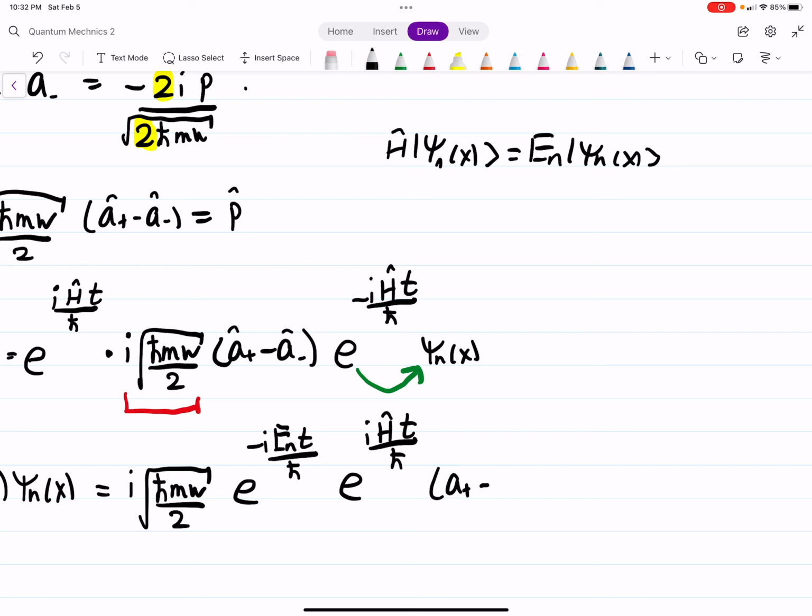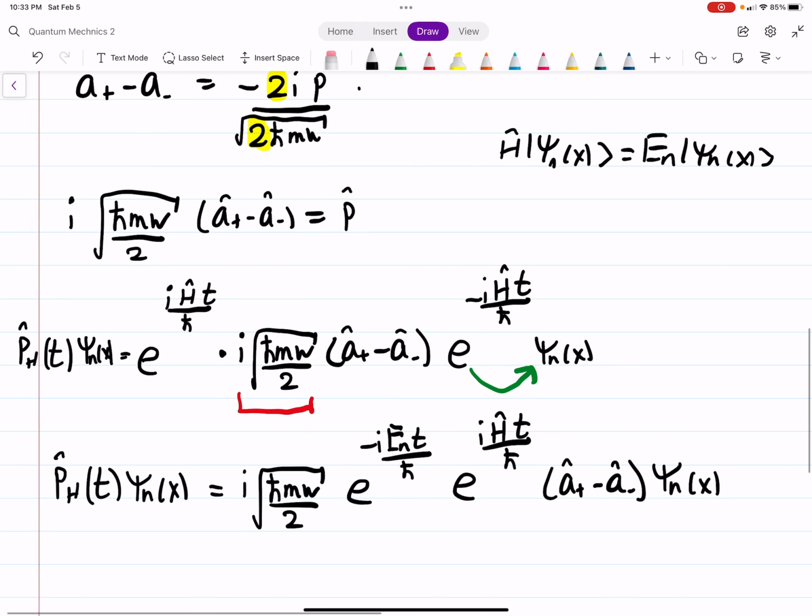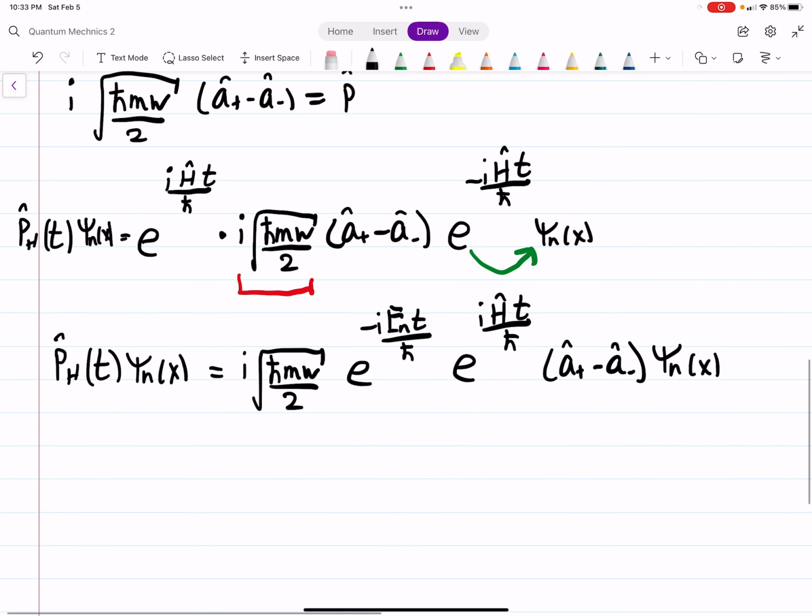And then our ladder operators, again, we have to be very careful with operators, psi sub n of x. So it's important we had our e operate on that first. Order matters with operators. And now we need to remember what our ladder operators actually do.